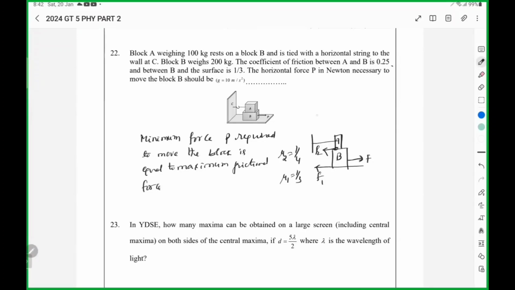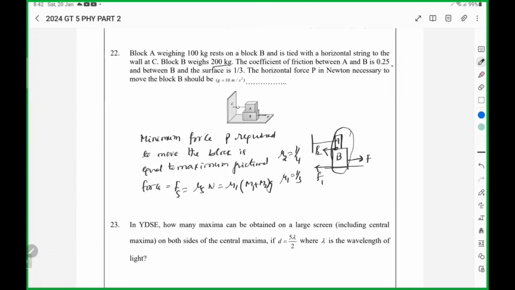So here, if you consider surface and these two blocks, force of friction maximum will be mu s into N. That mu s here is mu1, N is normal reaction, total weight.